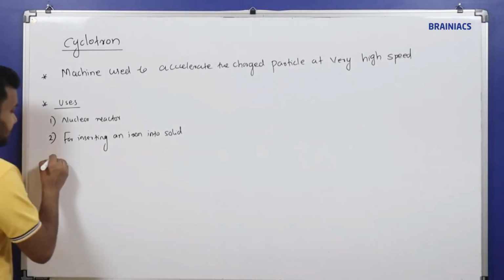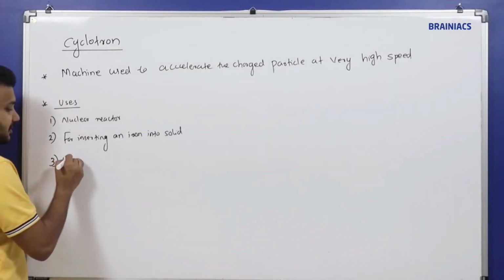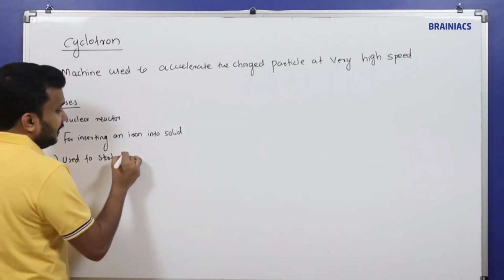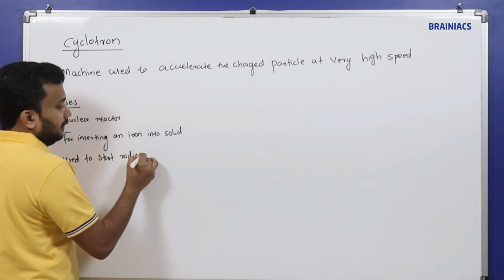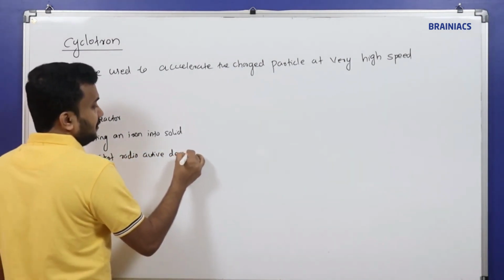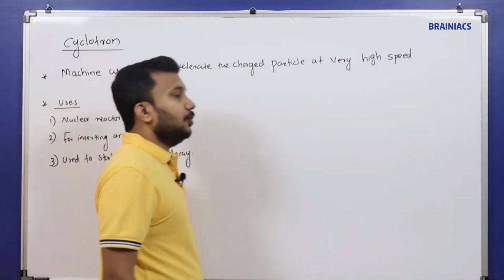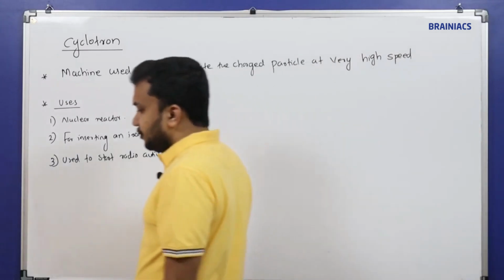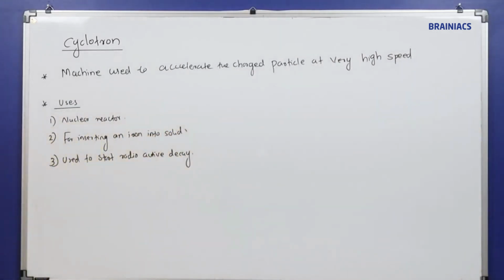The third one is that this device is also used to start the radioactive decay process. Our next major topic from modern physics is radioactivity, which has its own chapter. So it is used to start radioactive decay.